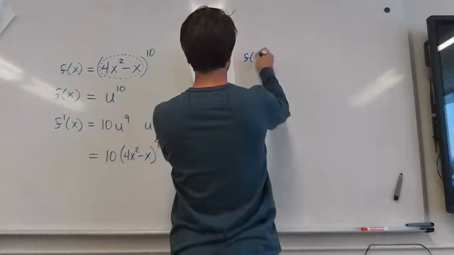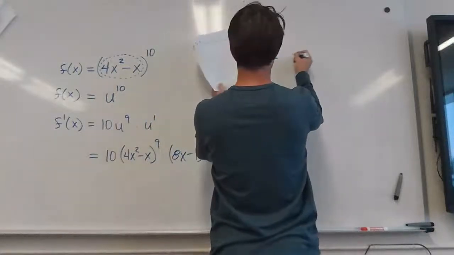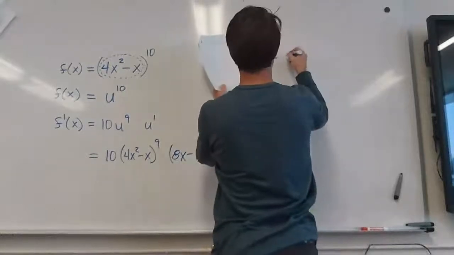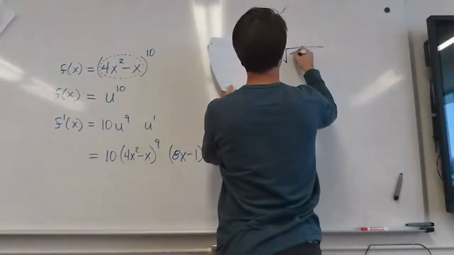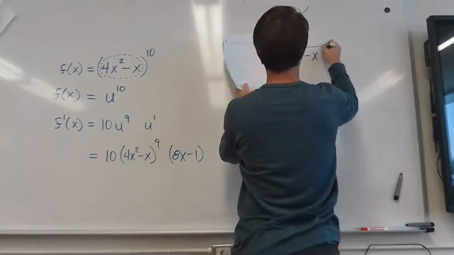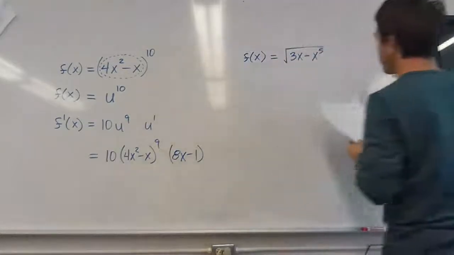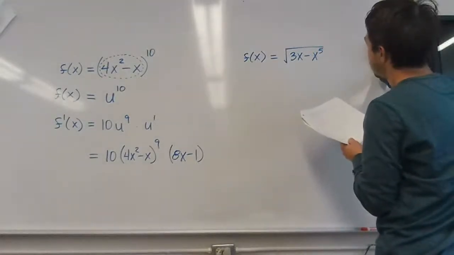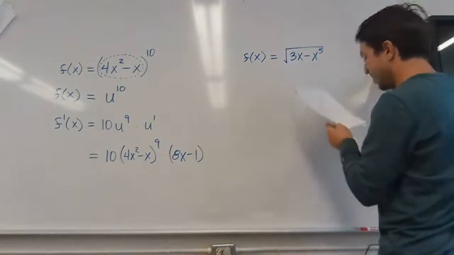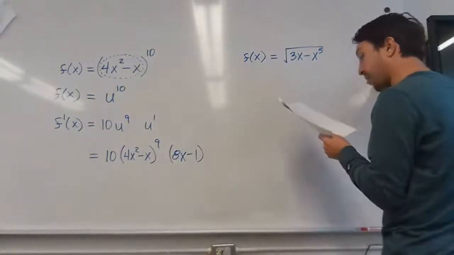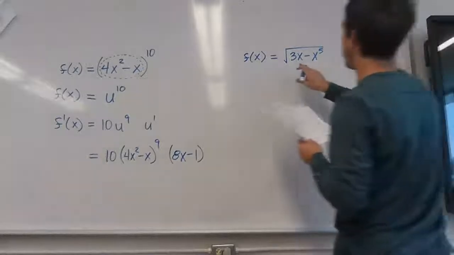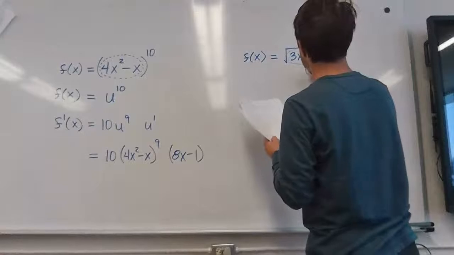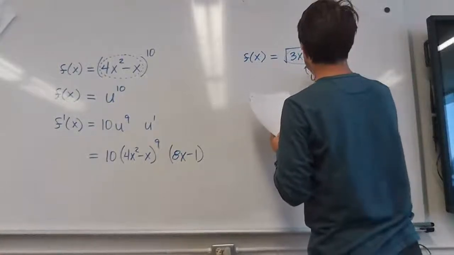Okay, the next one. Who is u? 3x minus x to the 5th. Yep. This is an interesting function, I think. That's a weird domain. Okay, so this inside here is the u.